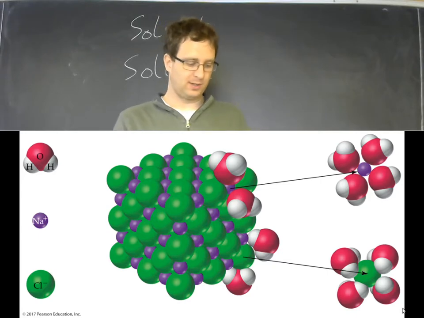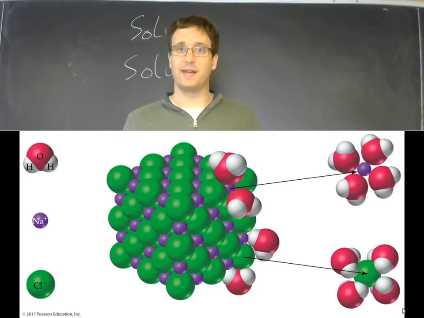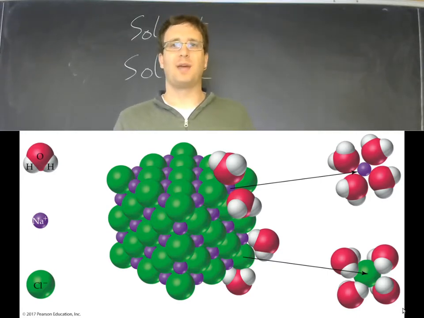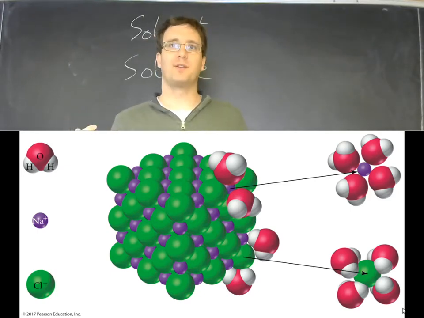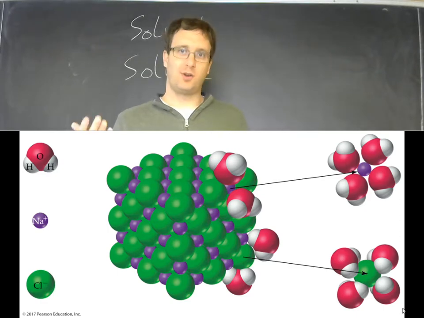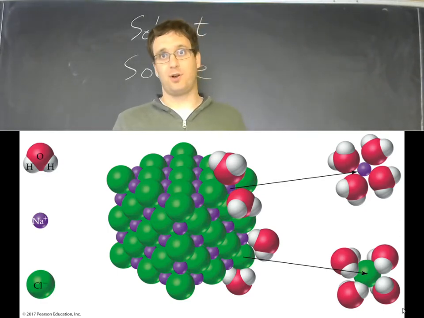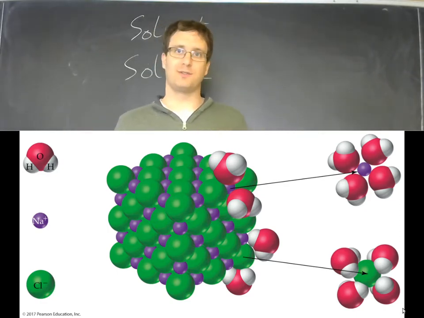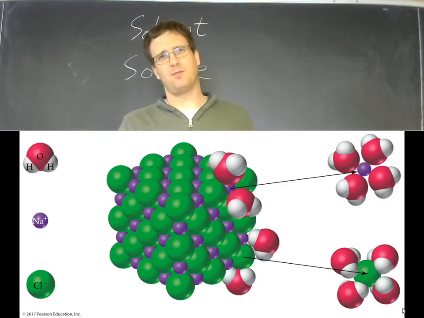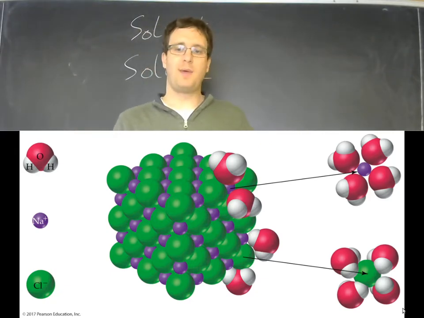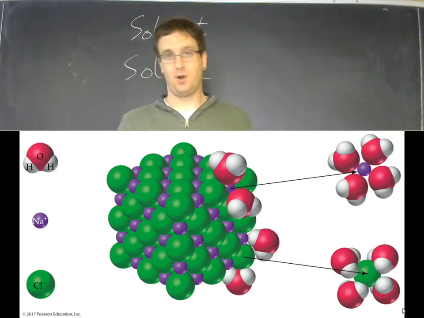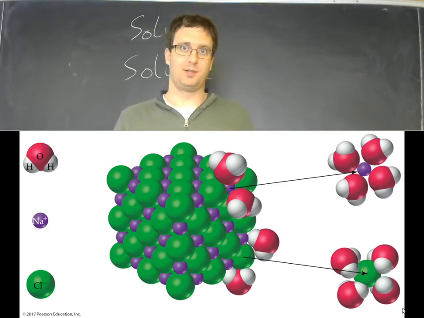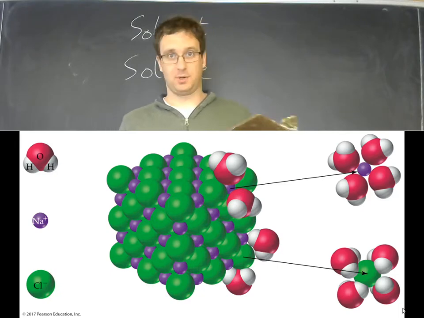So this leads to a rule of thumb that we call like dissolves like. What that means is that very polar solvents are going to dissolve polar solutes effectively, but they won't dissolve nonpolar solutes at all. And then there are nonpolar solvents that will dissolve nonpolar solutes, but not dissolve polar solutes at all.